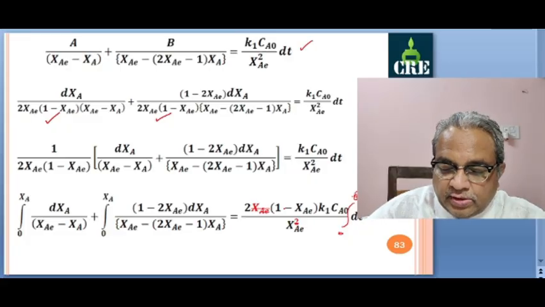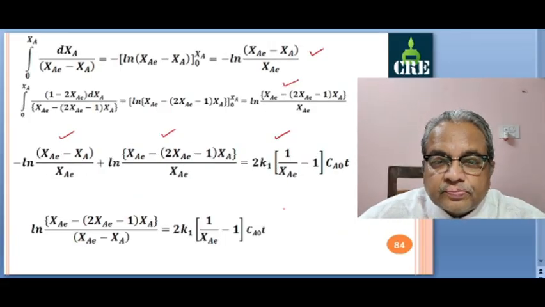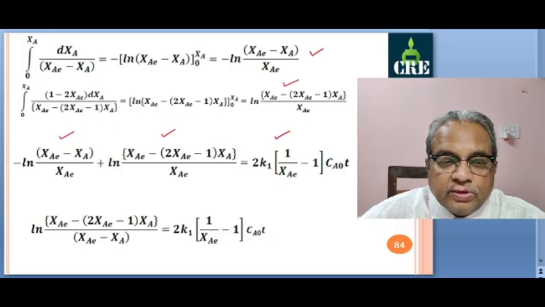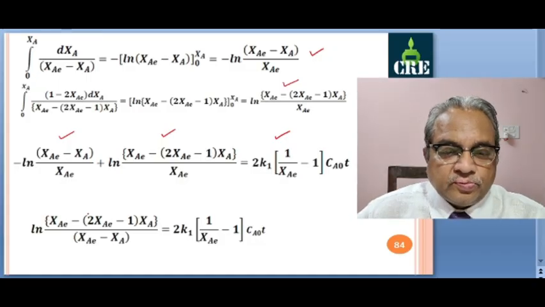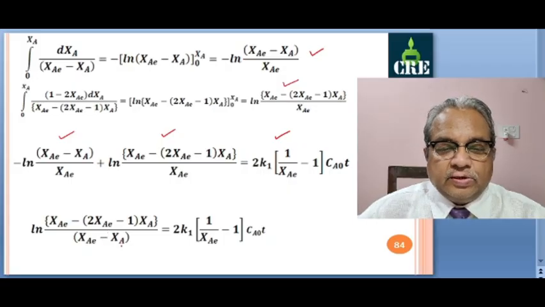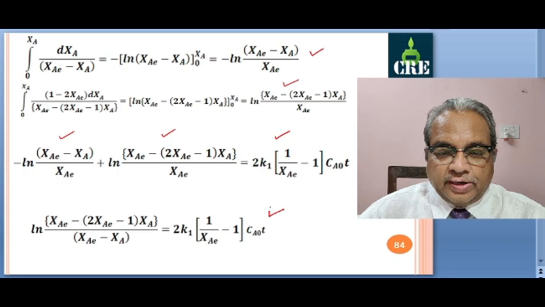So 1 by XAe minus 1, that is left on this side. The rest of the things, 2 k1 CA0, is there. Now you can see here, this is with the plus sign, the same term will return. This is with the minus sign. So XAe will go in the numerator and XAe minus XA in the denominator, and XAe will cancel out. So you get ln of (XAe minus (2XAe minus 1) into XA) by (XAe minus XA), and that is equal to the same right hand side here.